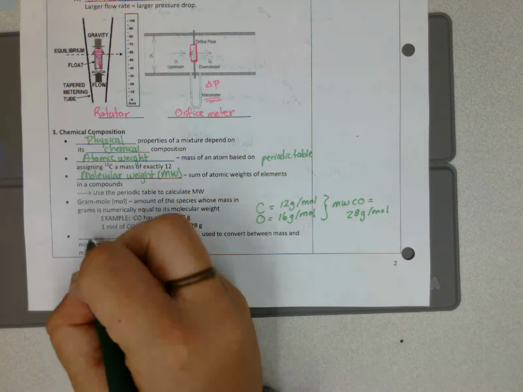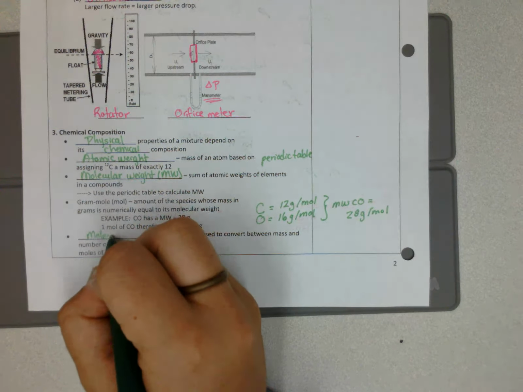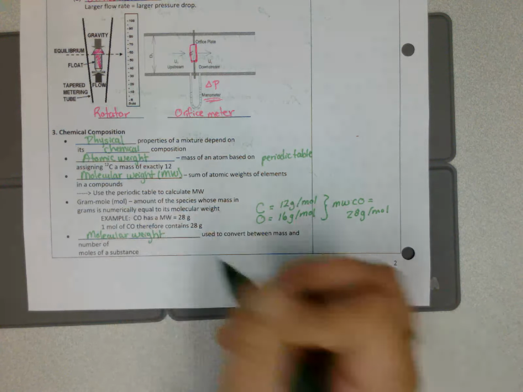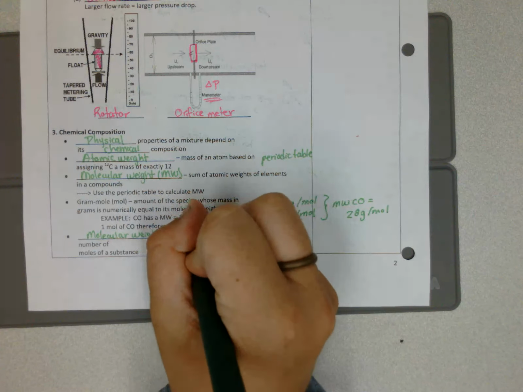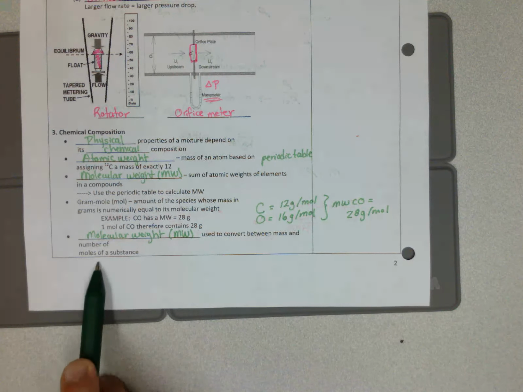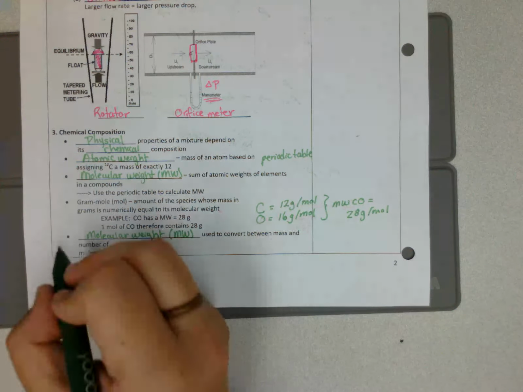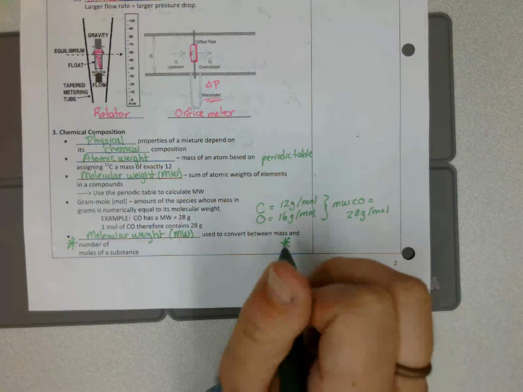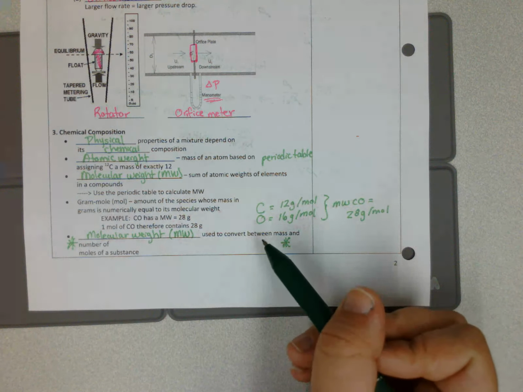And then something that's really important is that your molecular weight, or MW as I'm going to abbreviate it in this class, is used to convert between mass and the number of moles of a substance. Star this, highlight it, whatever you need to do to remind yourself that this is important.